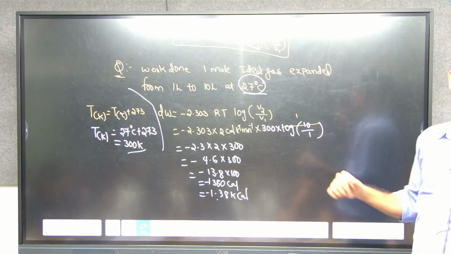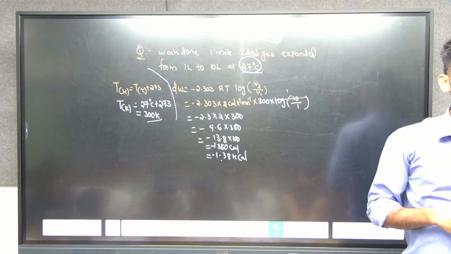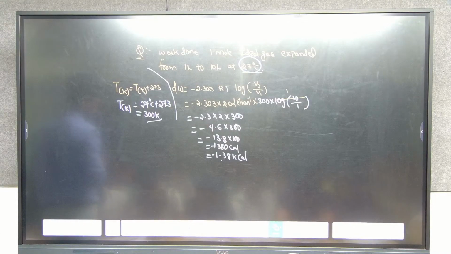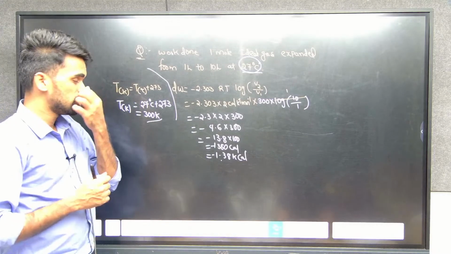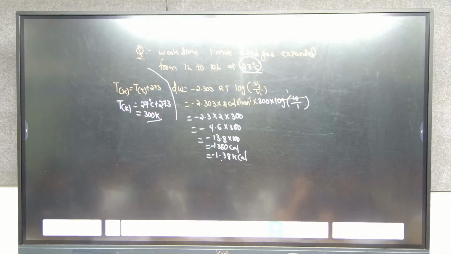Now take the question. 56 grams of N2 expands isothermally reversibly from 1 liter to 10 liters at 27 degrees Celsius.